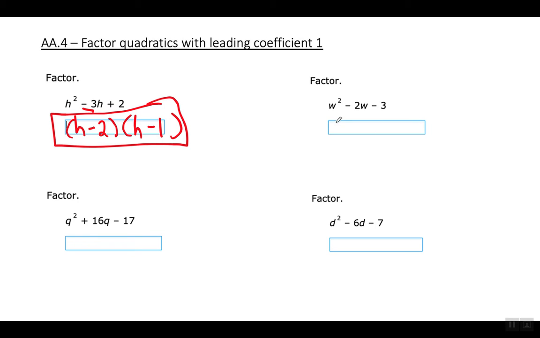Let's look at this one over here. So again, I put two parentheses with W at the beginning. So two numbers that I multiply to get negative 3, but when I add them, they give me negative 2. It's got to be negative 3 and positive 1. Okay, this is an important one to look at if you're new to factoring. If you already got this, then you can just do this IXL because you're going to find it easy.